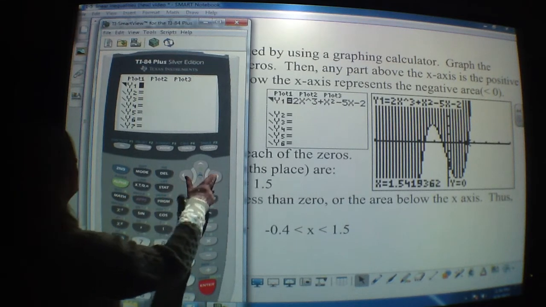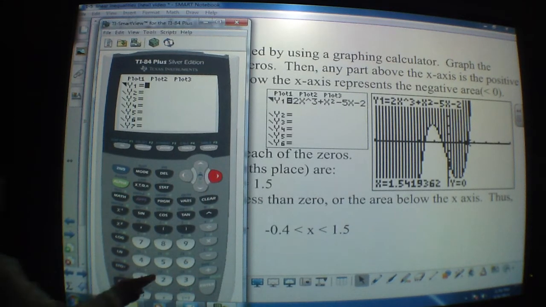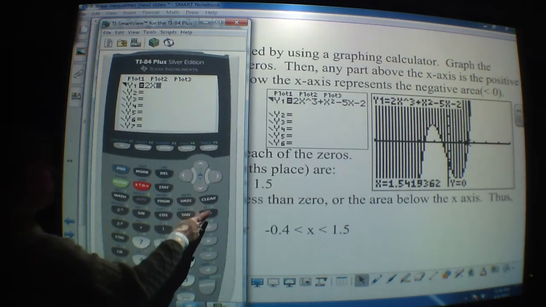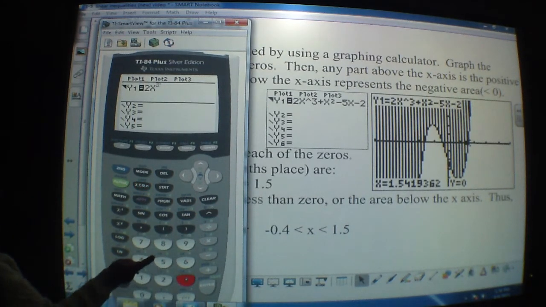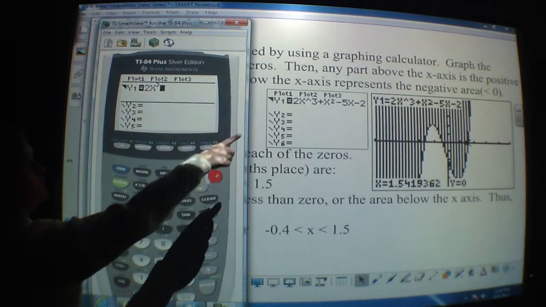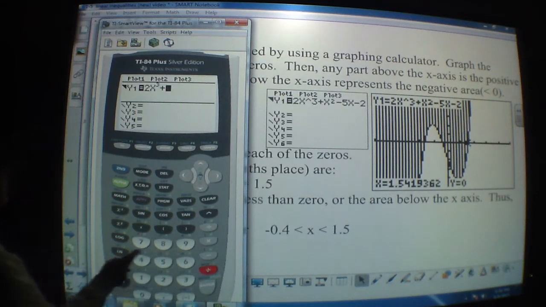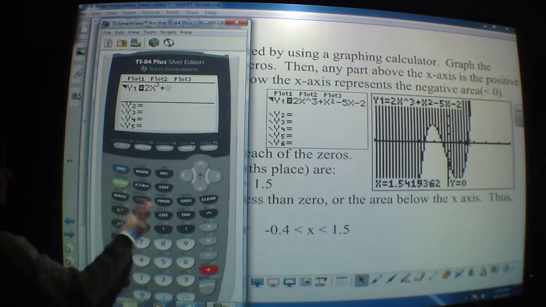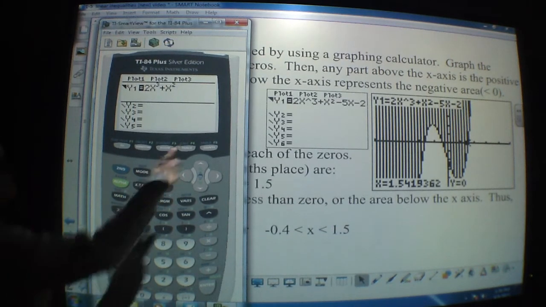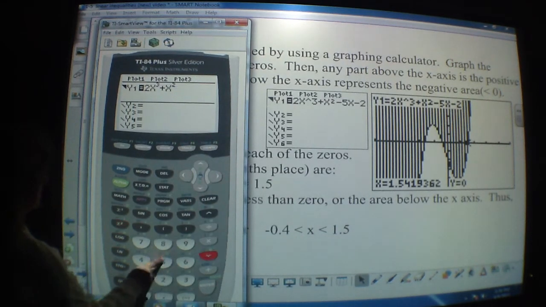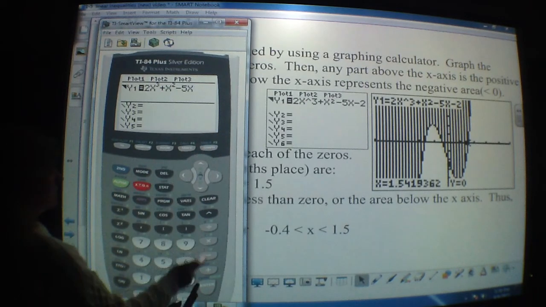Try to see what your calculator does. So I have 2x to the third power, so that little caret and a 3, plus x squared, minus 5x, minus 2.